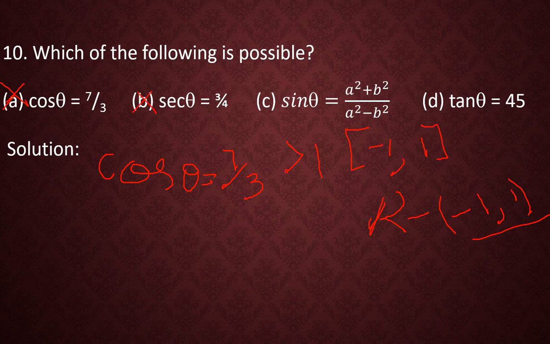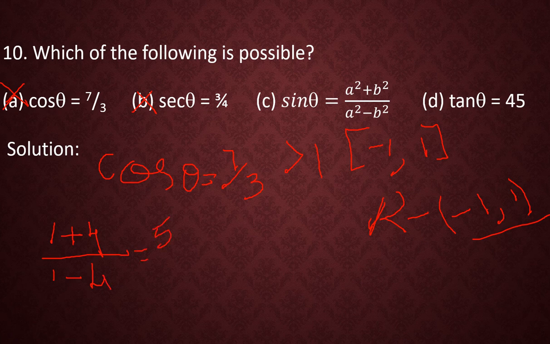Then sin theta. You know that the range of sin theta is the closed interval -1, +1. This is the general term. If I give values to this, for example, A is equal to 1 and B is equal to 2, A square will be 1, B square will be 4, so we get 5 divided by -3.